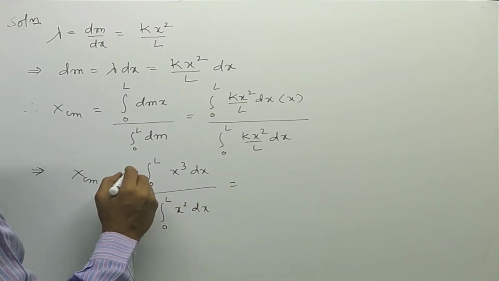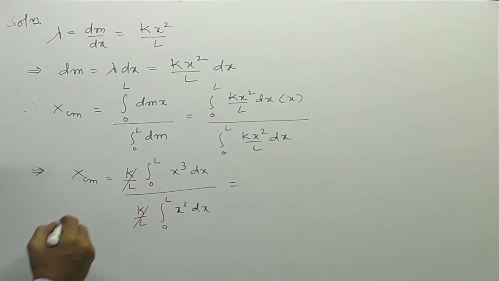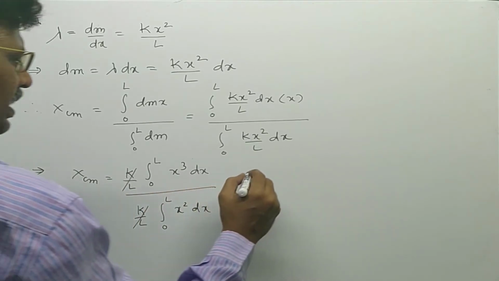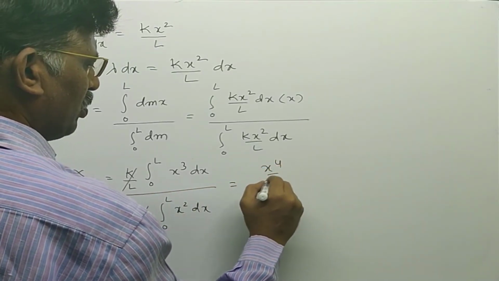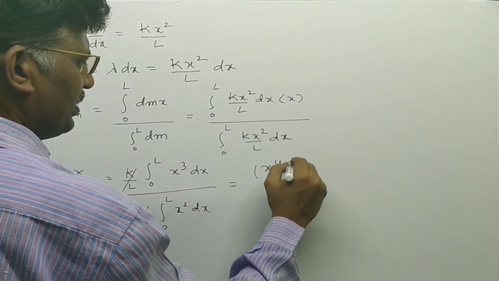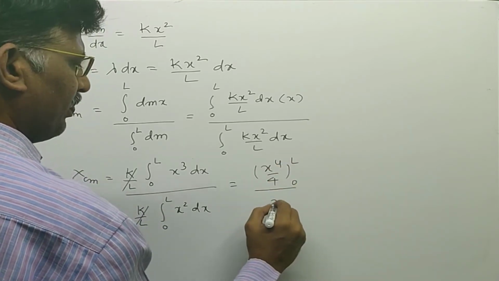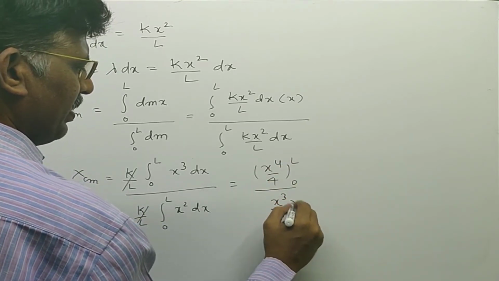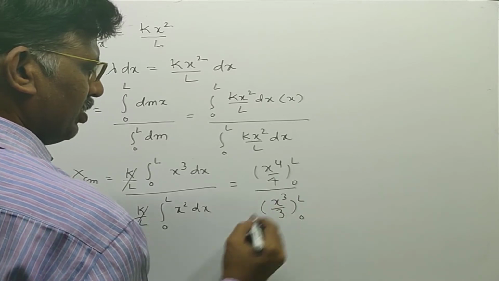Here k by L is constant and cancels, and we get x to the power of 4 by 4 limits 0 to L divided by x cube by 3 limits 0 to L.